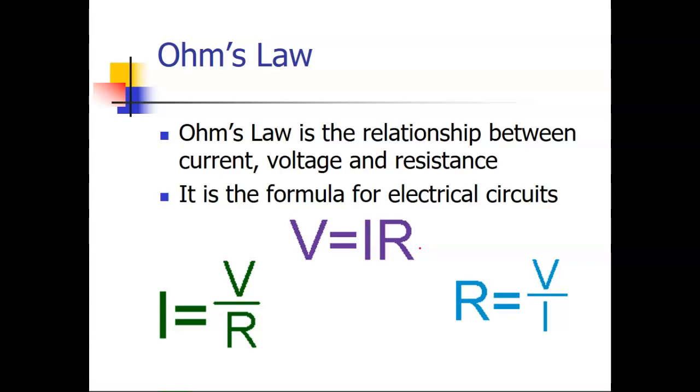All right, so V is what? What does the symbol V there stand for? Voltage. It stands for voltage. What does I stand for? Ohms. No, I stands for current.